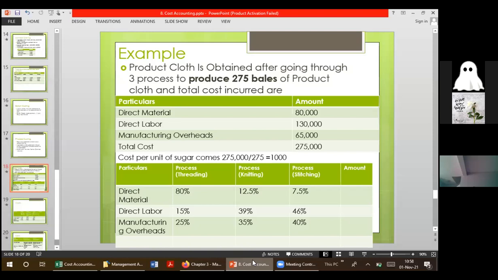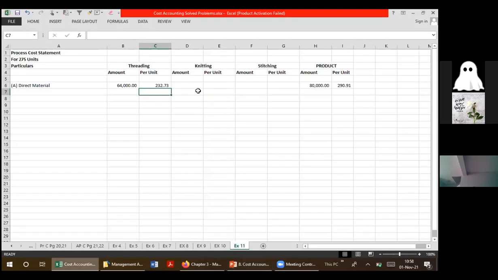Second process, the process of knitting, that consumes 12.5% of our material. Knitting process, 12.5. So that would be 80,000 times 0.125. 10,000.